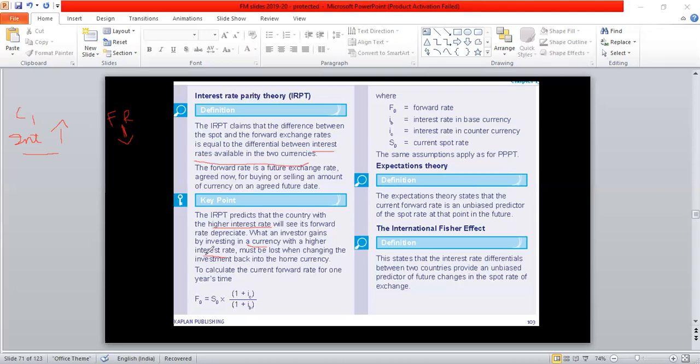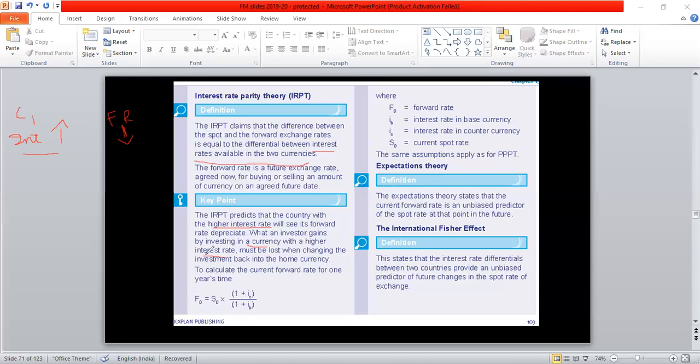So on account of that, when the interest rates are rising, investors would get attracted to invest more into the country with higher interest rates, anticipating that the value would be the same when they convert it back into the domestic country.